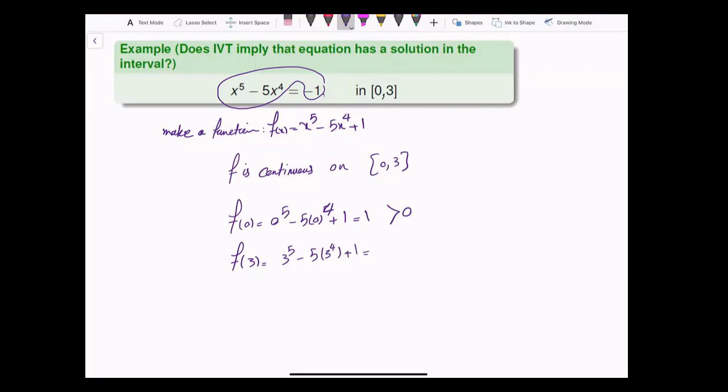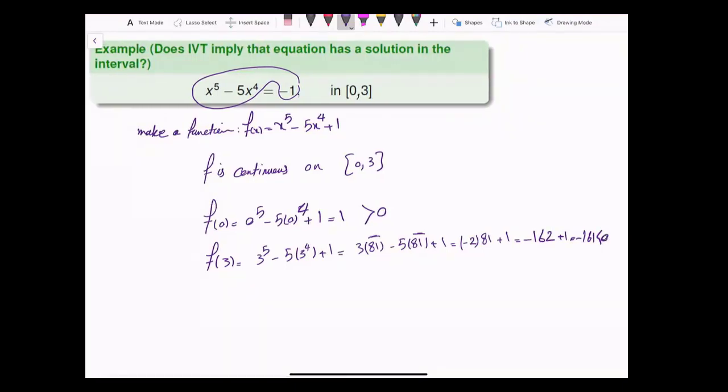So this is 3 times 81 minus 5 times 81 plus 1. I can factor out 81, and that will be 3 minus 5, which is negative 2, so negative 162 plus 1, which is negative 161. And this is a negative number.